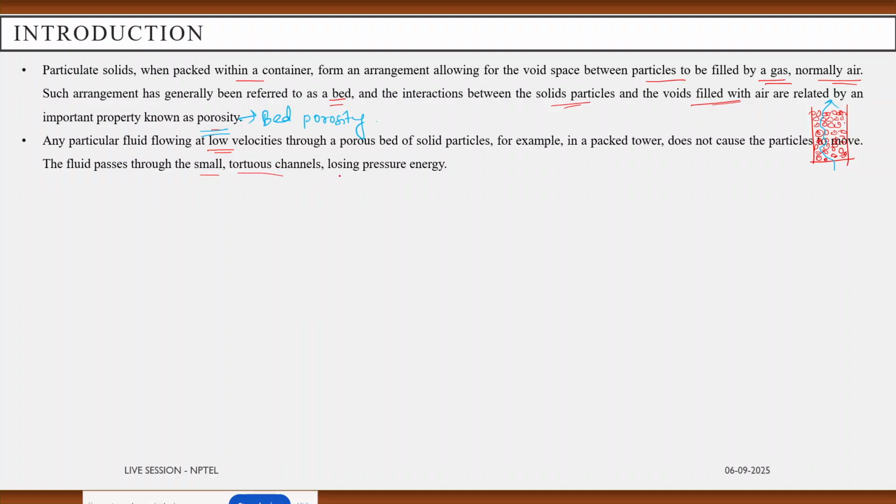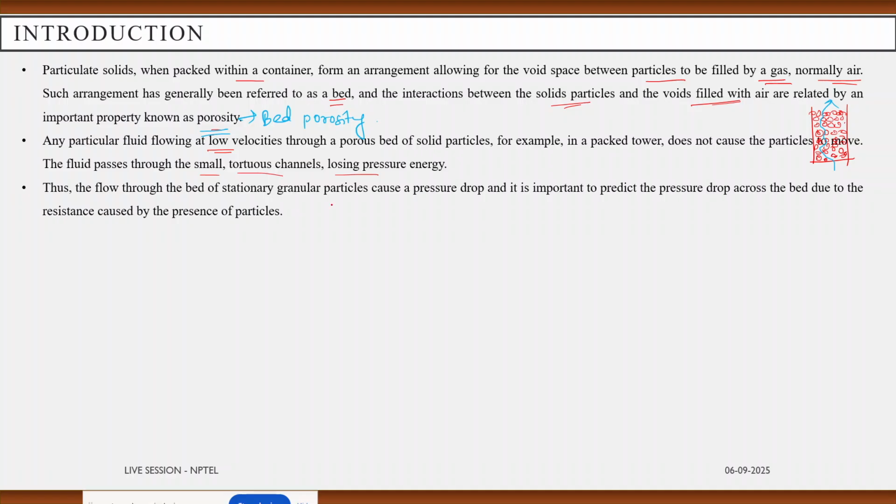At that point, there will be some reduction in the pressure energy. Thus, when the fluid is flowing through the stationary granular particles, it causes a pressure drop in the bed, and it is important to predict that pressure drop across the bed due to the resistance caused by the presence of particles.